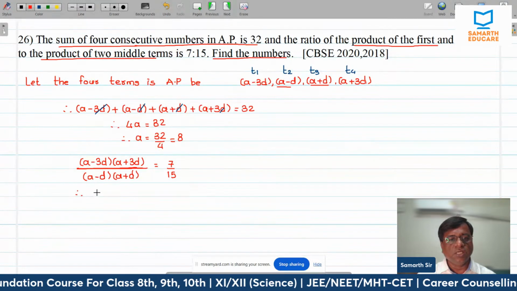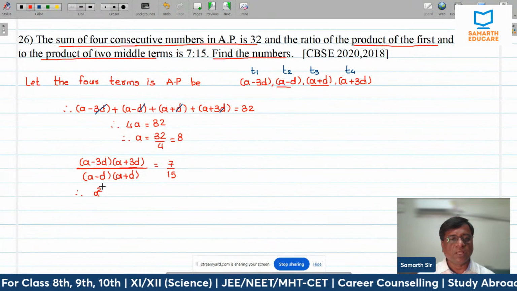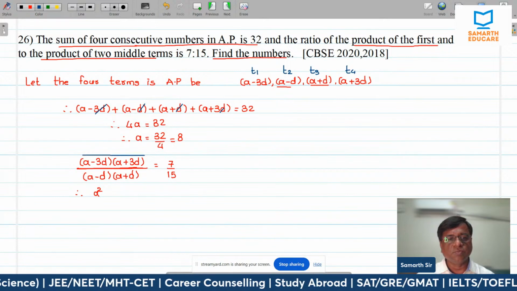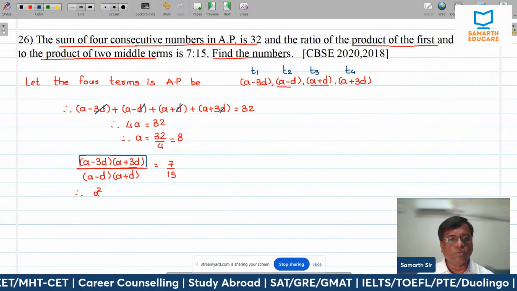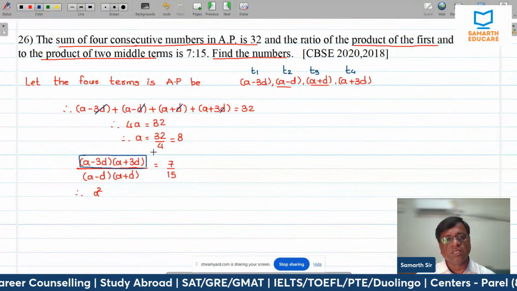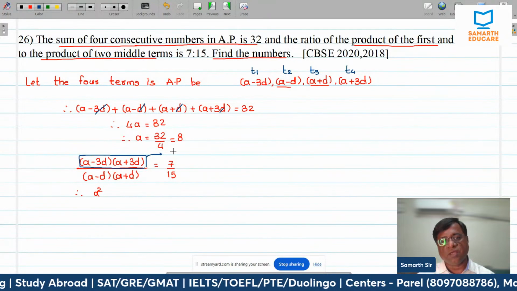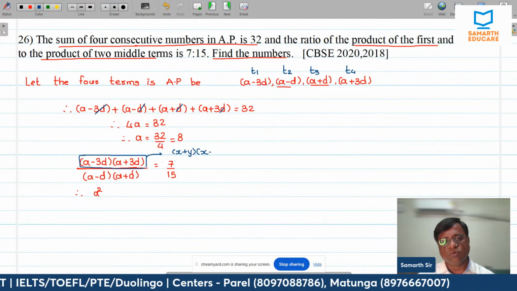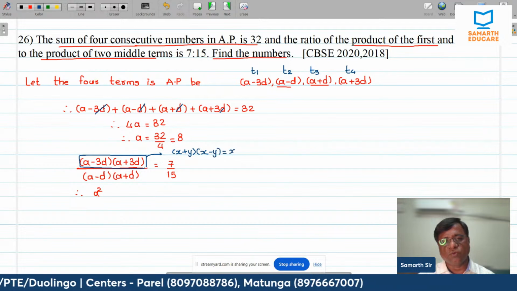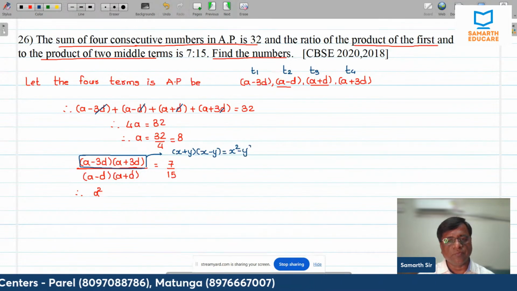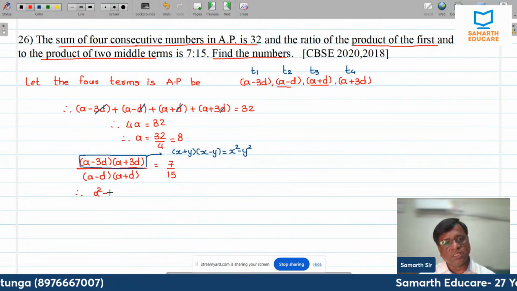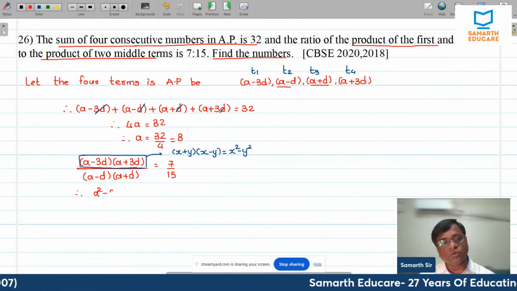Now this is equal to a square. Now again, you observe this. If you observe this part, this is as if like x plus y. Sometime back we had written x plus y into x minus y, and that is equal to x square minus y square. So what happens over here is a square minus 3d ka square, 3 ka square 9, d ka square d square.